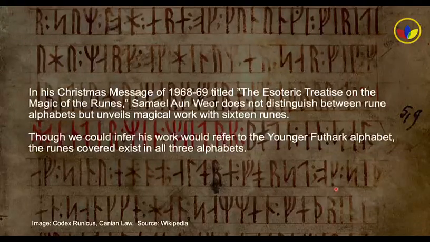So in his Christmas message of the year 1968 and 1969, Samael titled that Christmas message, "The Esoteric Treatise on the Magic of the Runes," or the Esoteric Treatise on Rune Magic. Esoteric, occult, treatise, because it is a discourse of knowledge, and of course the magic of the runes. When we speak here of magic, we are not speaking about trick or illusion.